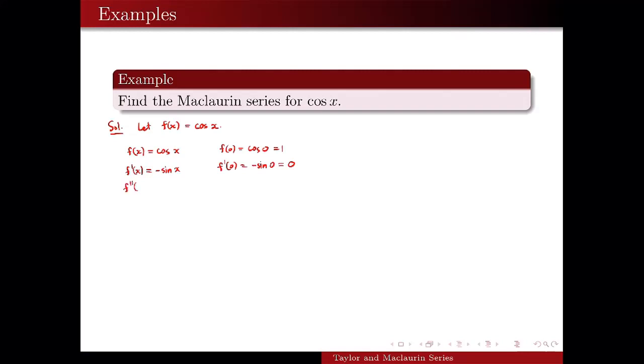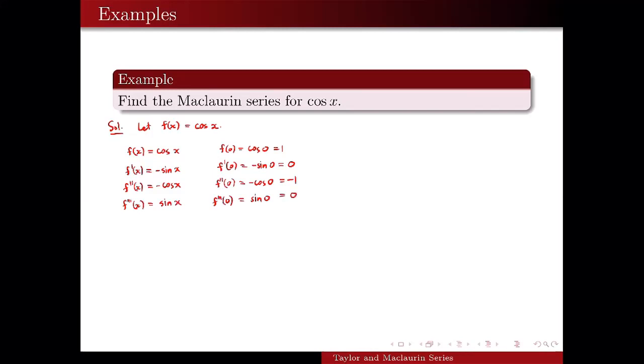f double prime of x becomes negative cosine x. And f double prime of 0 is negative cosine 0, which is equal to negative 1. f triple prime of x is now sine x. So f triple prime of 0 is sine 0, which is again 0.